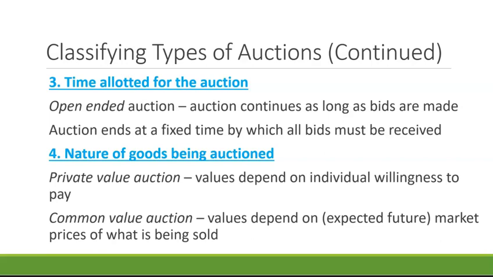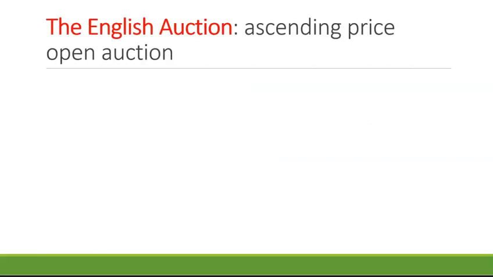Well, let's look at one particular kind of auction, a common one, called the English auction. This is an auction that's called an ascending price auction. In other words, each subsequent bid is higher than the bid before it.